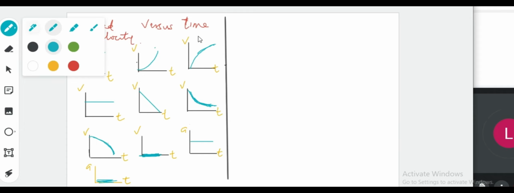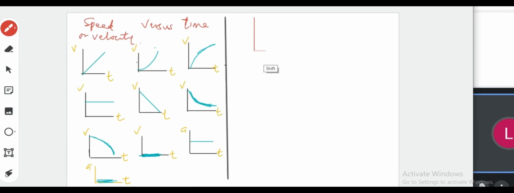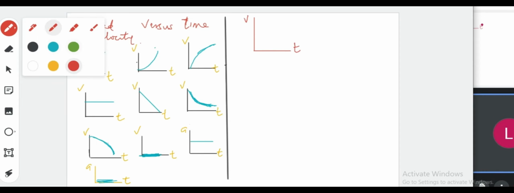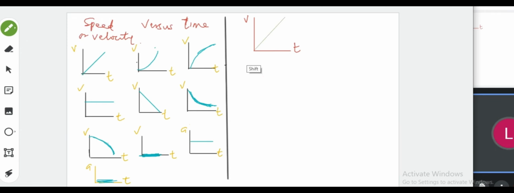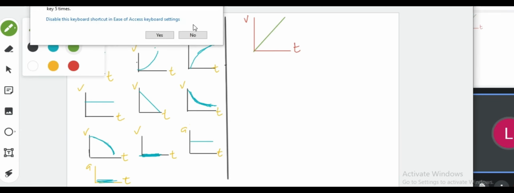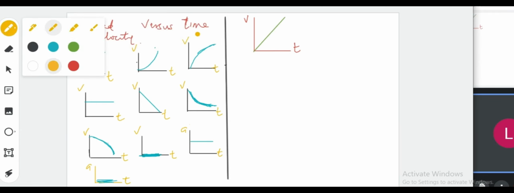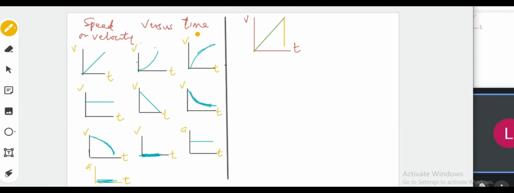Just like we did in the other one, when you have velocity against time, are you seeing what I'm doing? Yeah. What would the slope give you for a velocity against time? Let me draw the slope first, or gradient. When you find a gradient of a velocity against time, what are you finding?